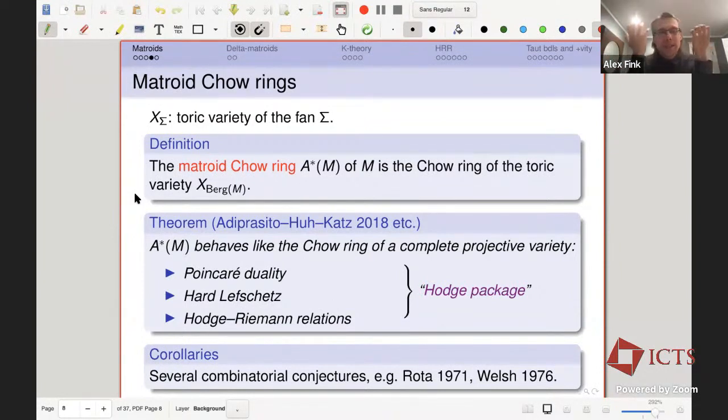Now, what's exciting about this ring is that it behaves like the Chow ring of a complete projective variety.